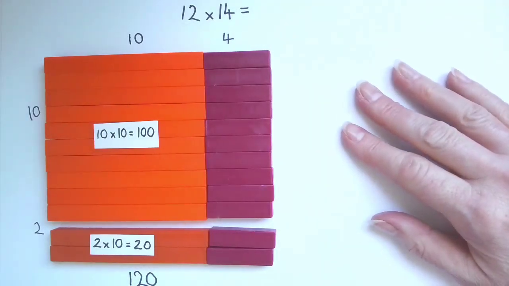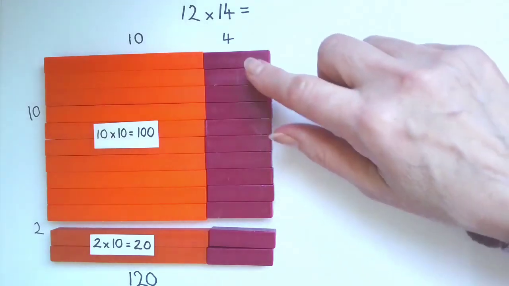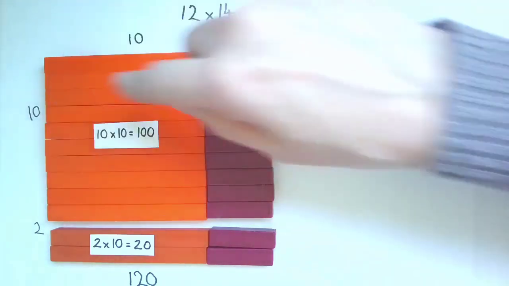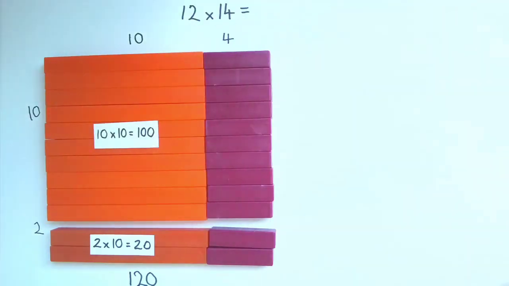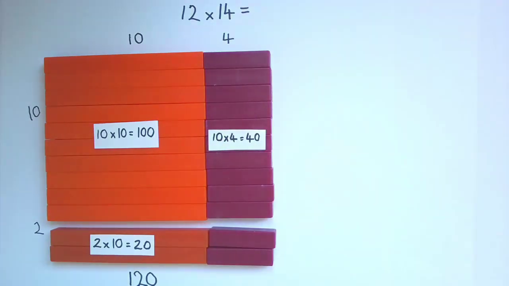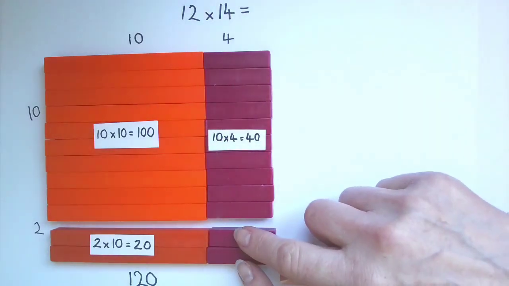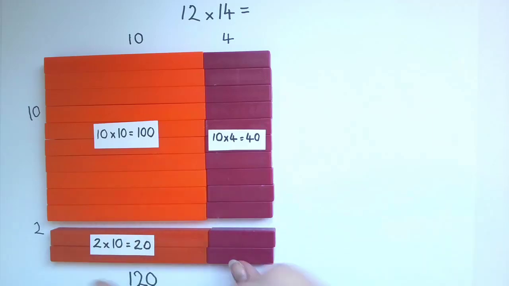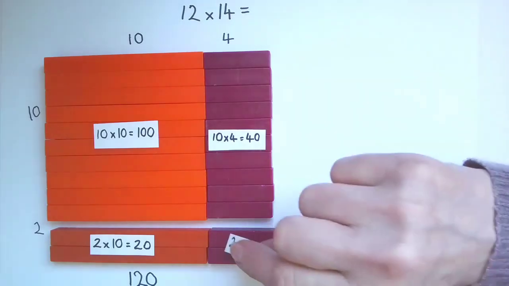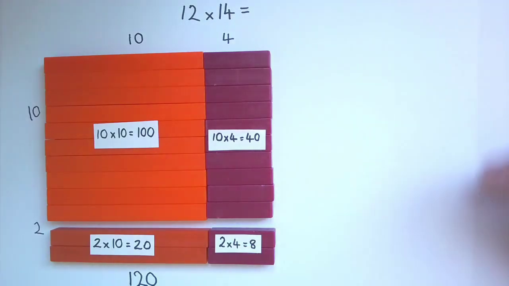And then I'm going to go on to my ones. So I have got 10 lots of 4. 10 multiplied by 4 would be 40. And now I need to do 2 lots of 4, so 2 4s are 8.